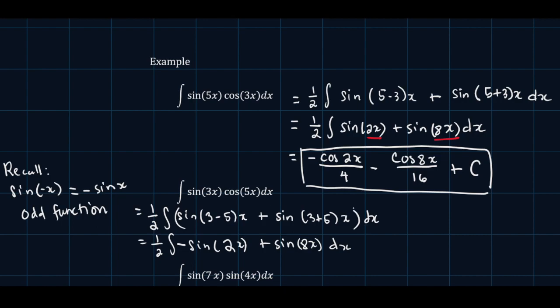Okay, so after performing that, we can now get the antiderivative. Again, we need to perform integration by substitution to get cosine 2x all over 4 minus cosine 8x all over 16 plus c.